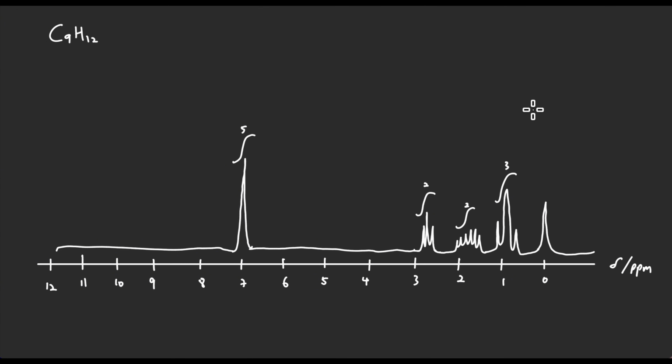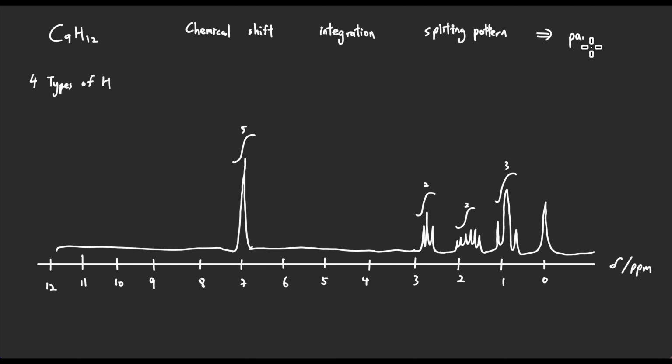Now, looking through the whole diagram, we can see 4 peaks, indicating that there are 4 types of hydrogen. Now we can note down the chemical shift, and that will help you gain marks in the exam as well. We note the chemical shift, its integration number and its splitting pattern, therefore giving us the partial structure.